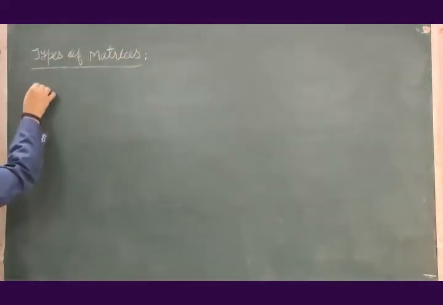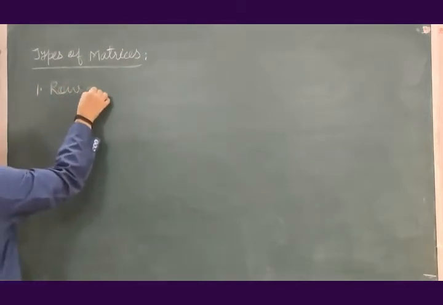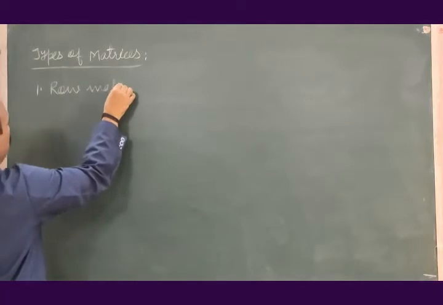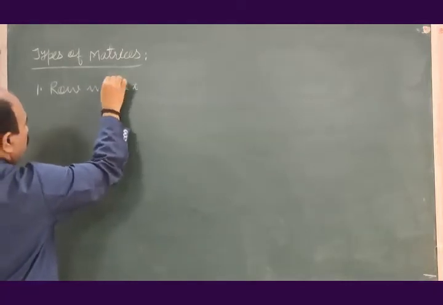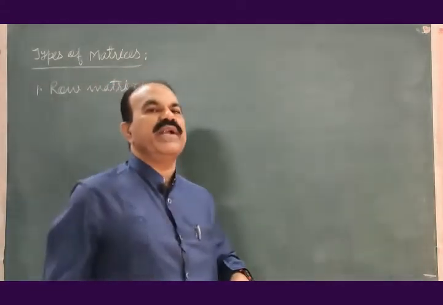First type is row matrix. Now, how to define a row matrix?